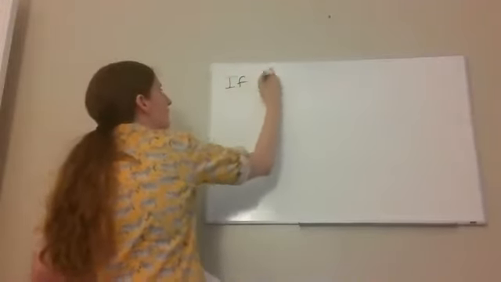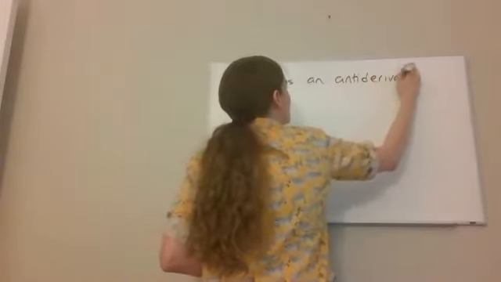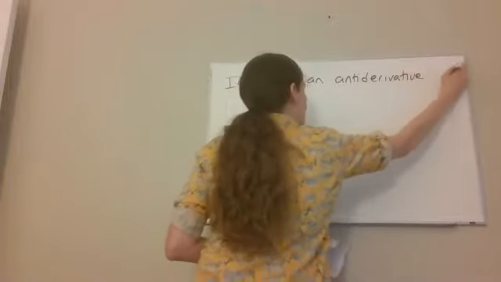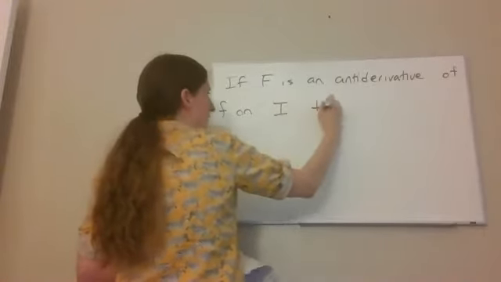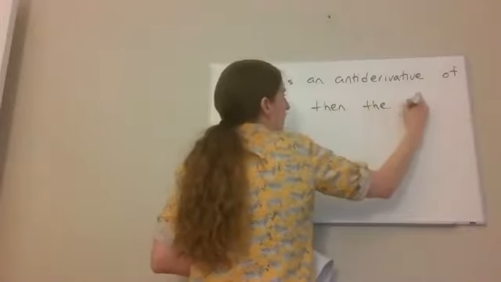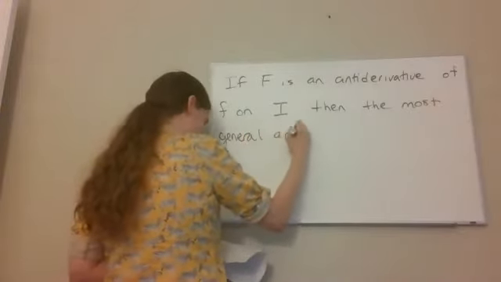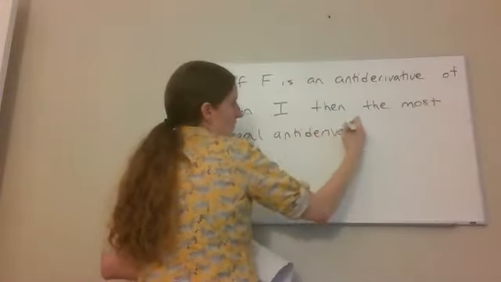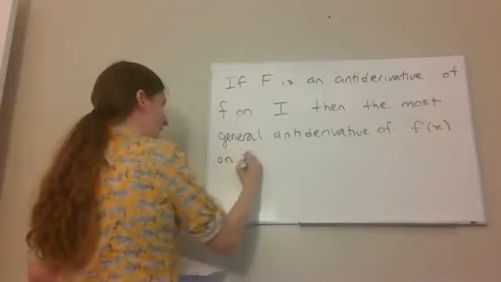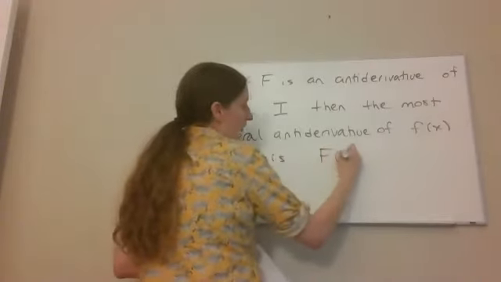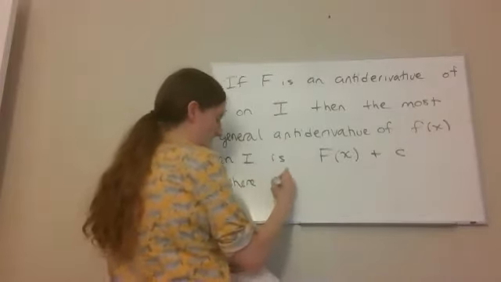If capital F is an antiderivative for little f on some interval I, then the most general antiderivative of little f on the interval I is capital F plus c, where c is an arbitrary constant.